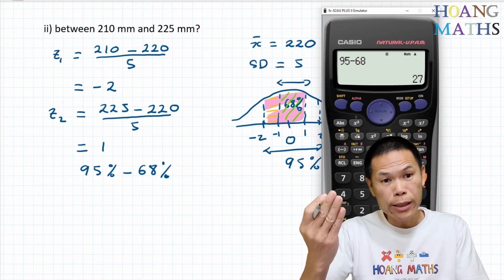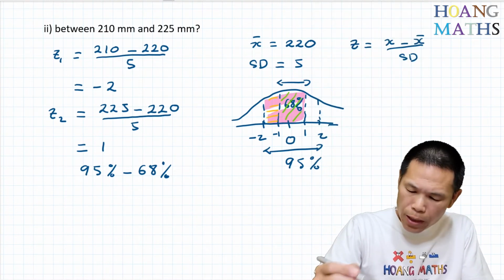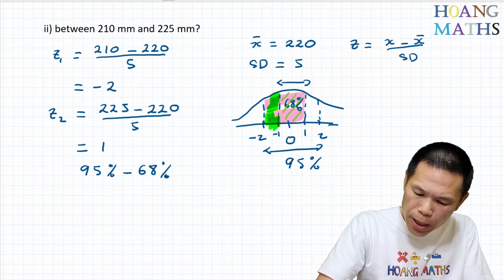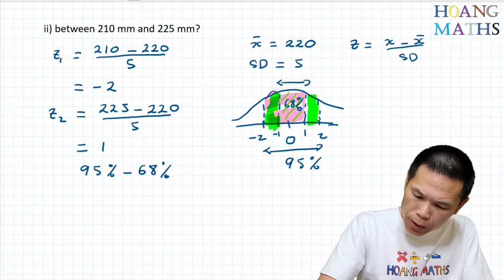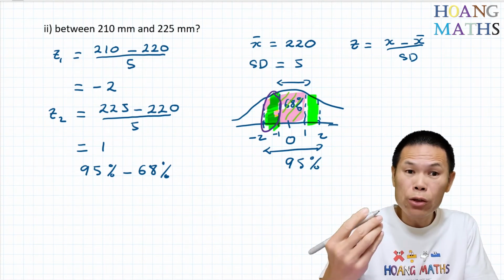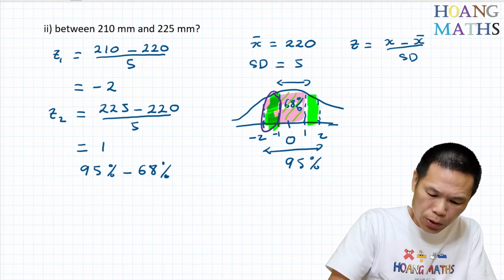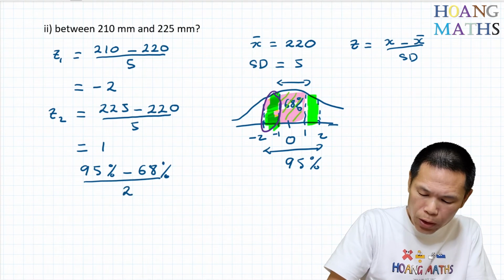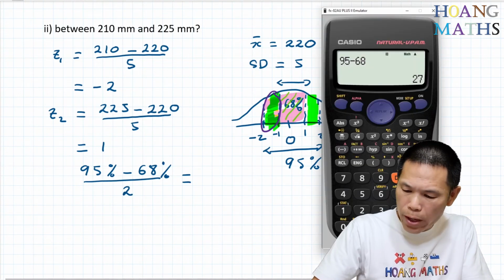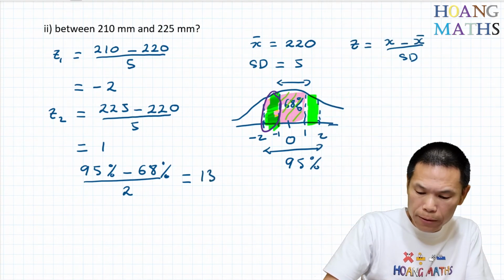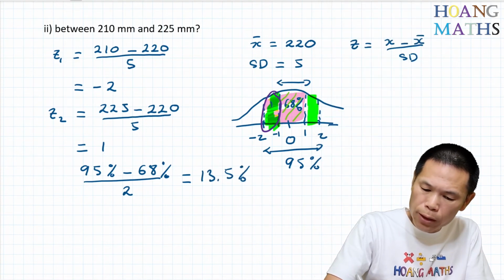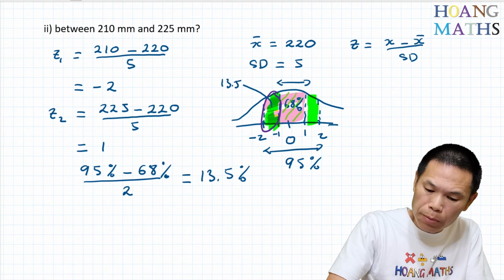So that is 27. However, that will give me this area and this area. But we only need this area here. So therefore, we need to divide by 2. So let's divide by 2. So that will give me, so I just go answer divide by 2. So 13.5%. So therefore, this one here is 13.5%.